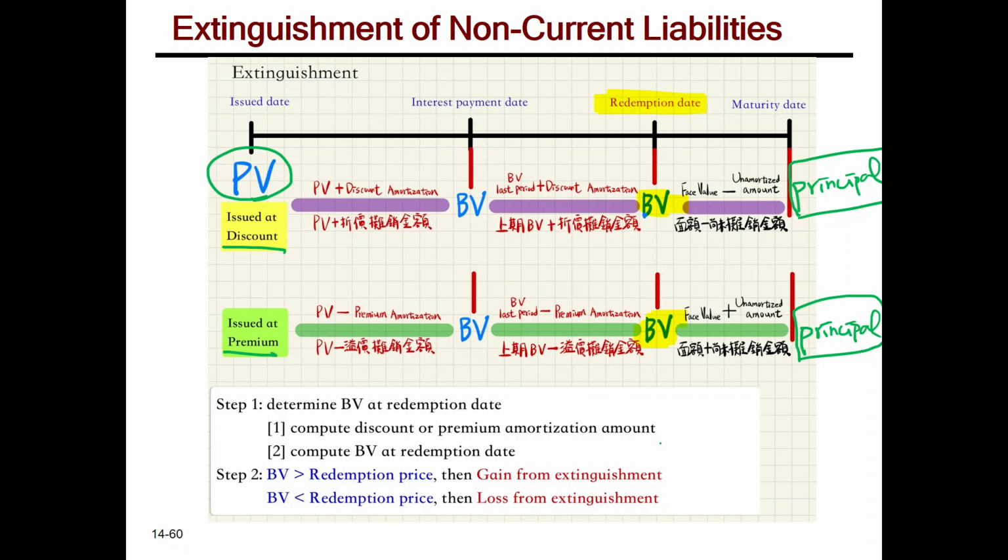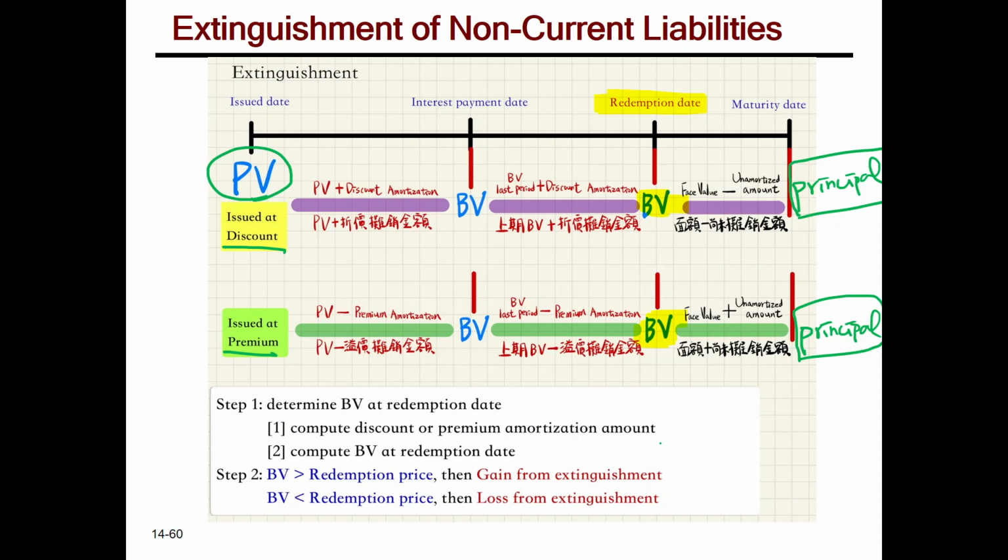Then each period do discount, premium, amortization. Then you will find out the book value at redemption date, right? Another way is this way. Based on principal. Principal go back to redemption date, still you will get the same result.